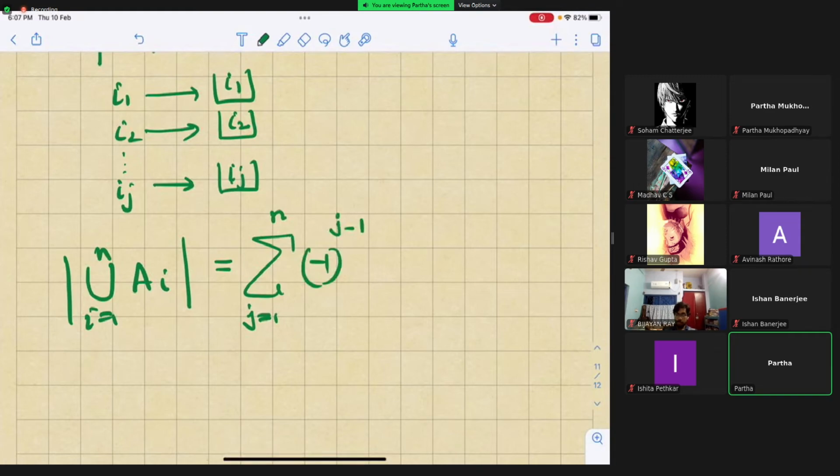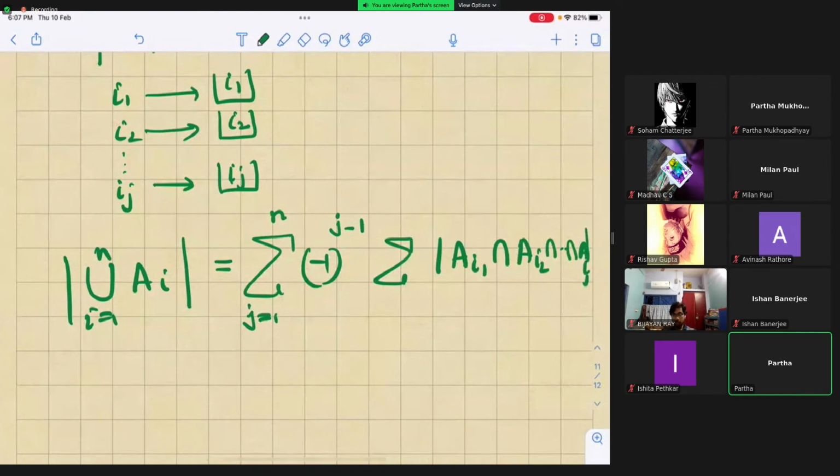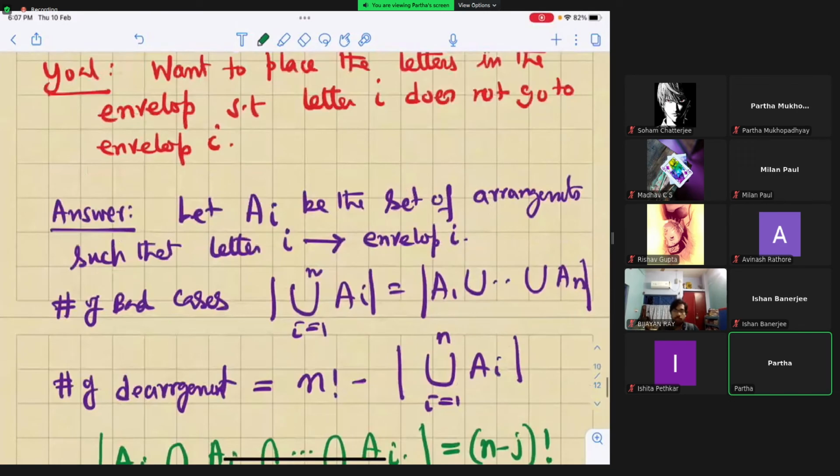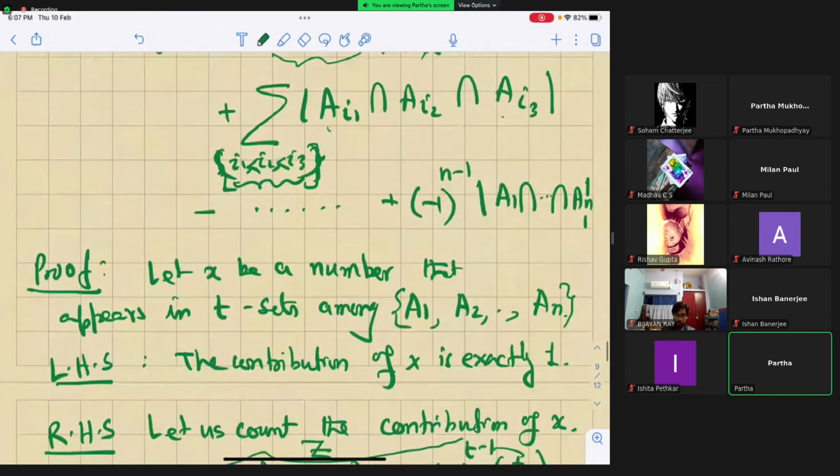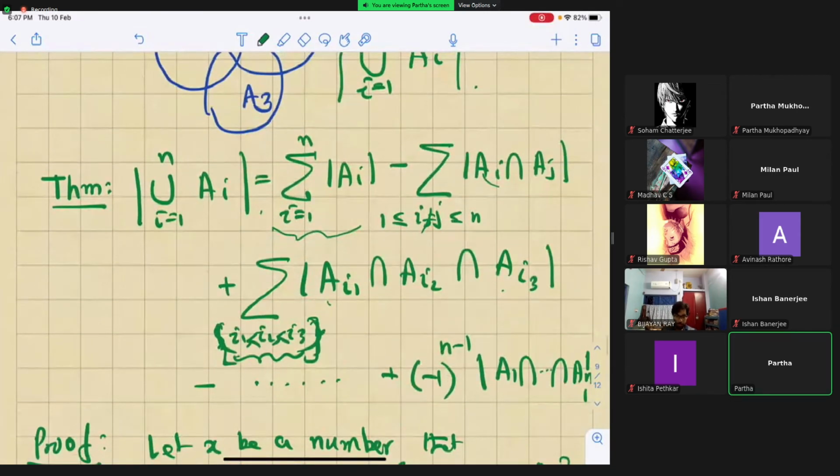Don't be afraid by what I'm writing. I'm writing the same thing in a more mathematically precise way. So I just wrote this huge summation in a more compact way.